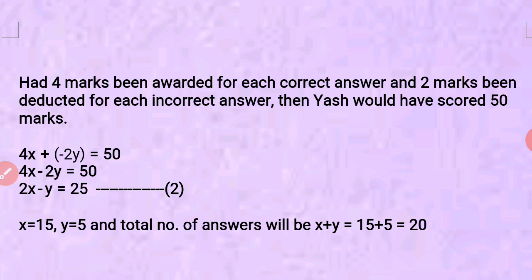When you solve it further, you will reach the statement as 2x minus y equal to 25. Now with the two equations, solve it. Your x is 15 and your y is 5. That means there are 15 correct and 5 incorrect answers. So the total number of answers will be 15 plus 5, that is 20.